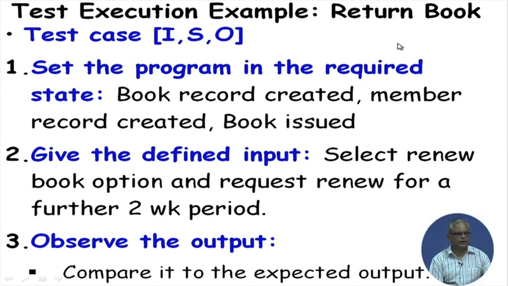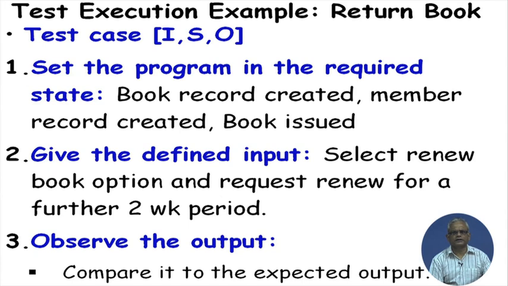So, let us look at one example test case. Let us say we have a library software and we are trying to write one test case for the return book case. I have taken the library example because everybody is familiar with such a software. We have taken a book and are trying to return it.